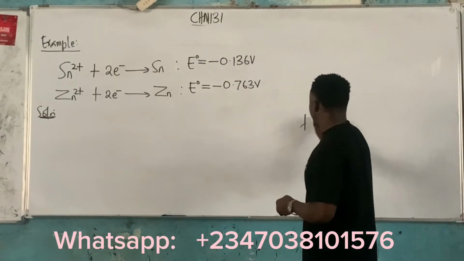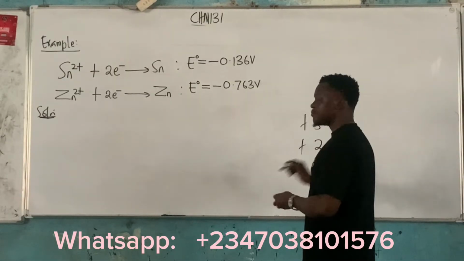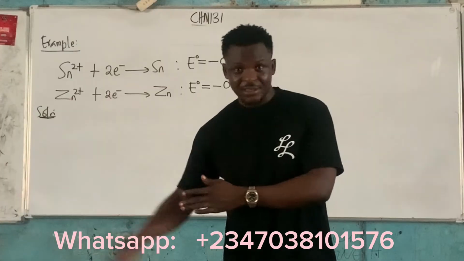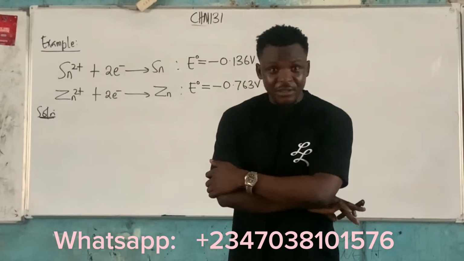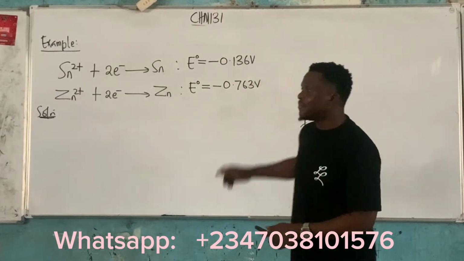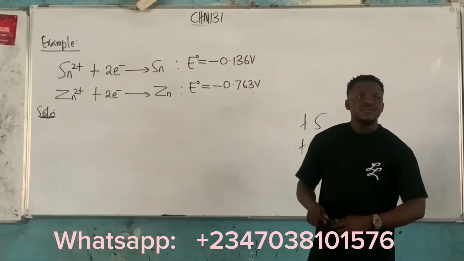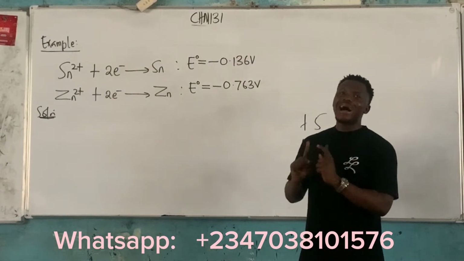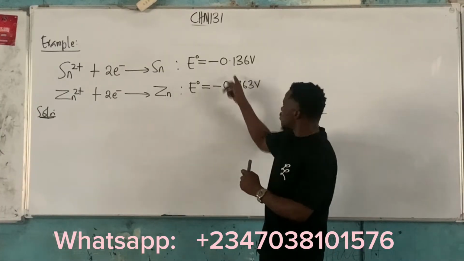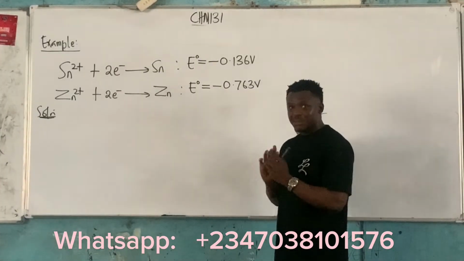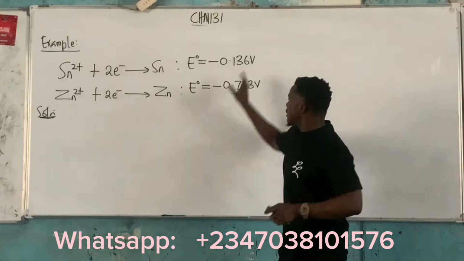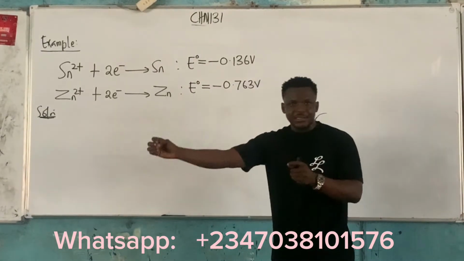Now look up. Between these two, for two positive values, the one with the highest magnitude is the biggest. Are you following me? For two negative values, the one with a smaller magnitude will be the biggest. So that you don't come and ask me, but why is it, but this one is bigger? Please, let's be guided. Minus, minus, the smaller one becomes the biggest.